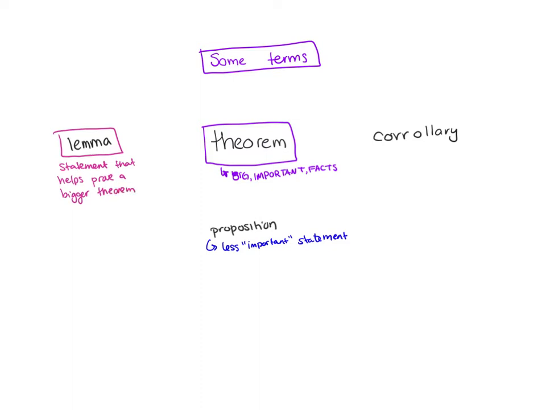And sometimes after I've proved a theorem, that theorem is going to have some result that's really easy to show right after it. And that result is called a corollary. So a corollary is a result that follows from a theorem.